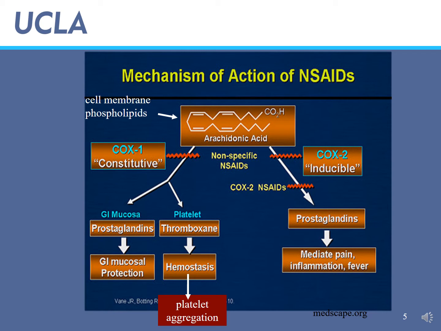So if you inhibit this, then you inhibit the platelet aggregation, and you also block the protection of the GI mucosa. So this would be the adverse effect of the NSAID. And then COX2, which is responsible for inflammation. So if you block this pathway, then you can reduce the inflammation.